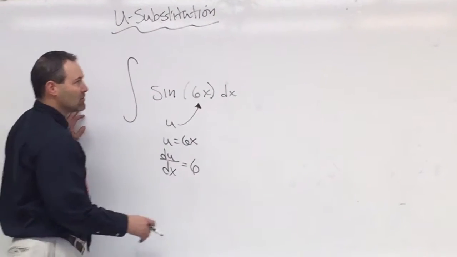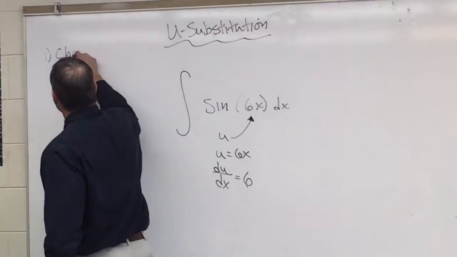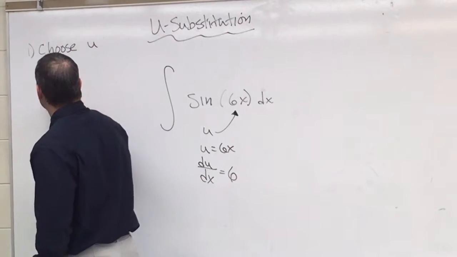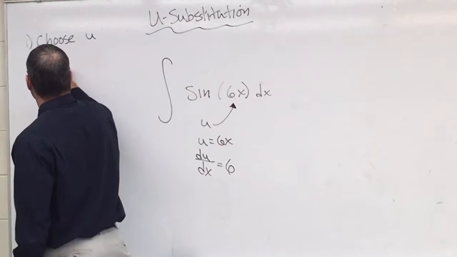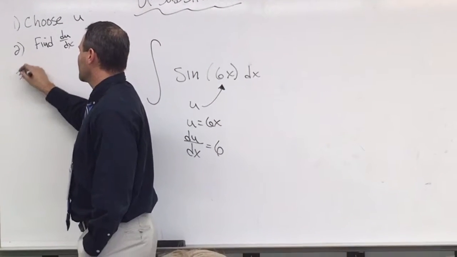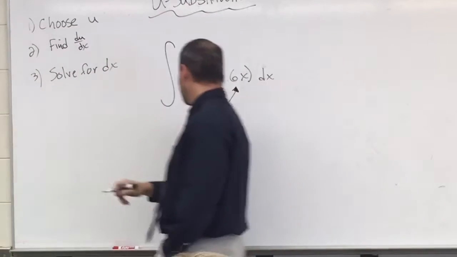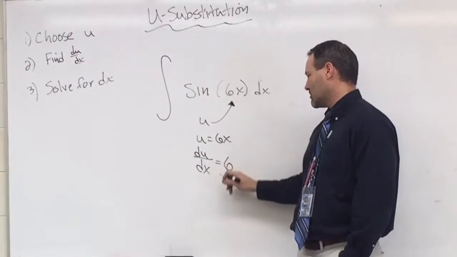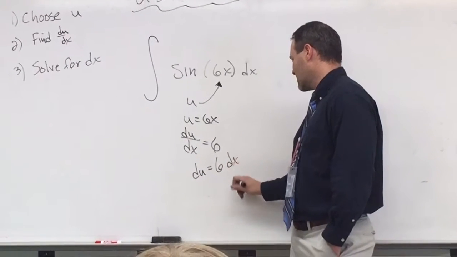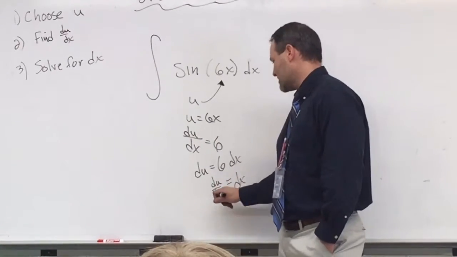Choose u, find du dx, solve for dx, which is what we're going to do. So I'll multiply by dx, so du equals 6 dx, so dx equals du over 6.